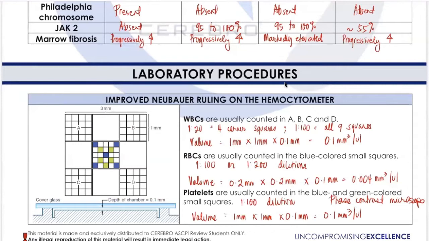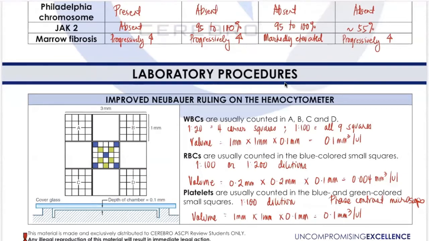So based on the method that is specified by Brecher and Cronkite, that is the method that makes use of 0.1% ammonium oxalate and employs the phase contrast microscope.